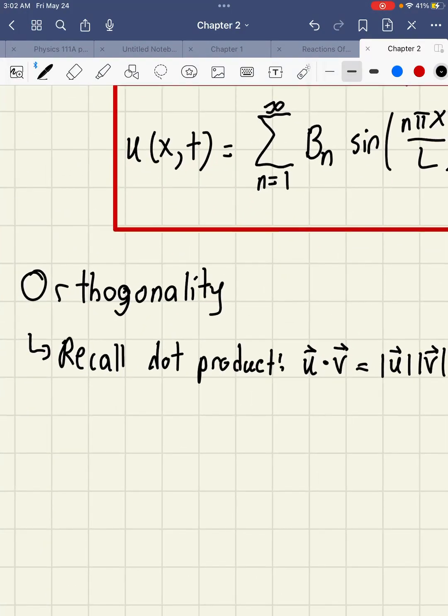Now the analogue here, instead of the dot product, is just the integral.